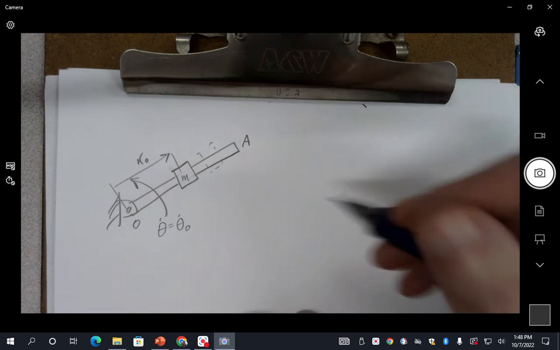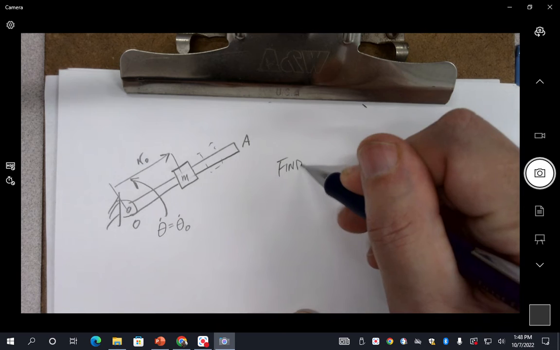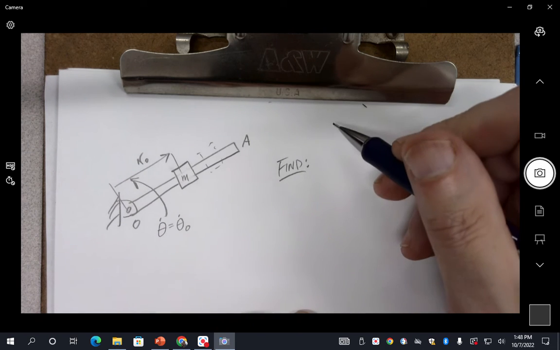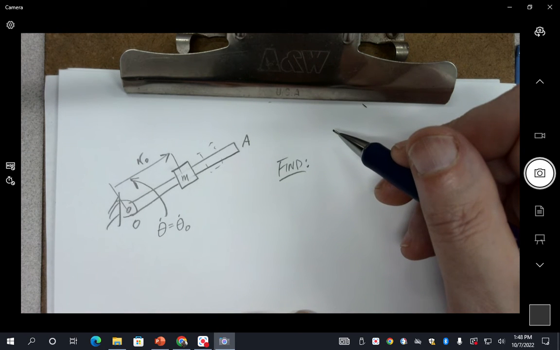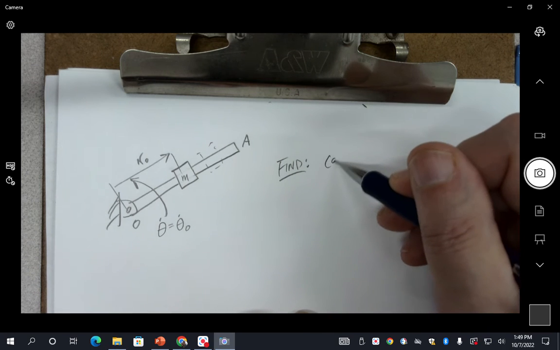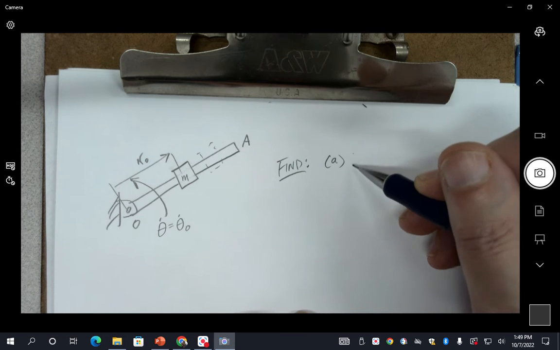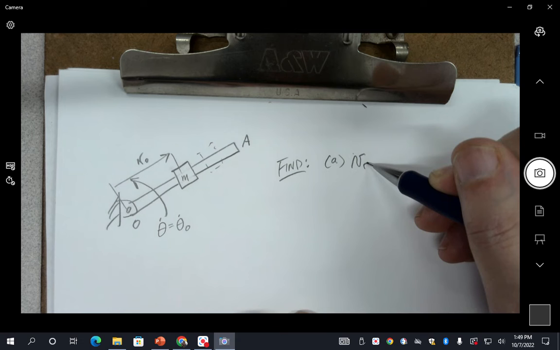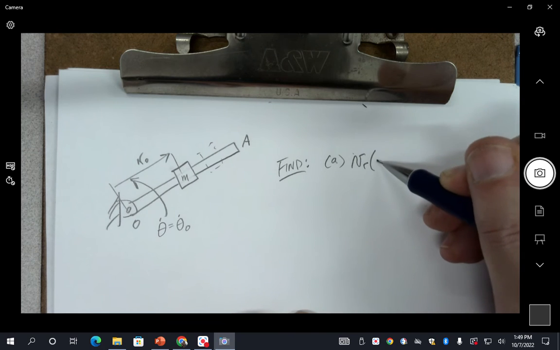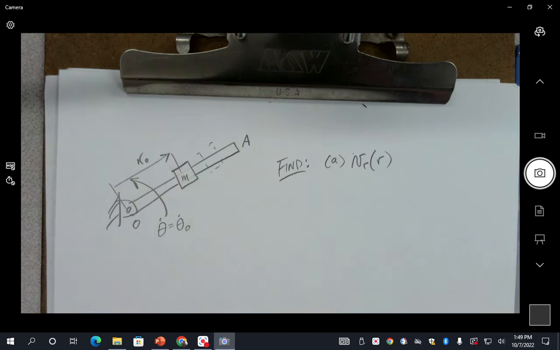Express as a function, so we want to do like a find. We want VR as a function of R, right? That's what they're asking, and that's how they're phrasing it.